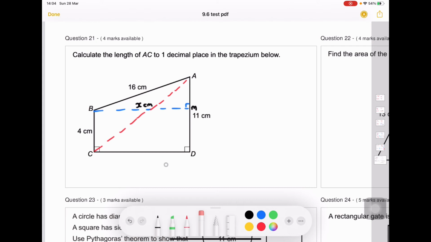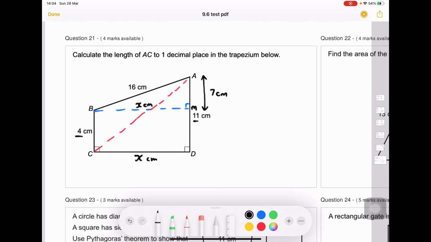Alright, so in order to work out X, we need to use the triangle ABM. If this is 4 and this is 11, then we know that this length here is 11 take away 4, which is 7 centimeters.